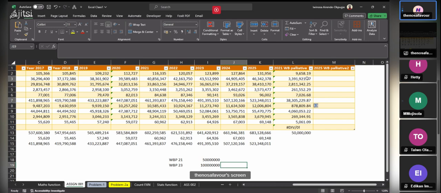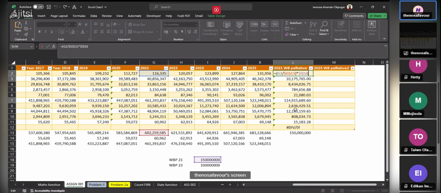I don't need to come here and start typing the formulas again. All I need to do is come here and change this to 150 and hit enter. Did you see what happened? The formulas, because we reference the cell and not the content of the cell, Excel goes there and affects everything because the cell here is what was referenced. Did you get that?